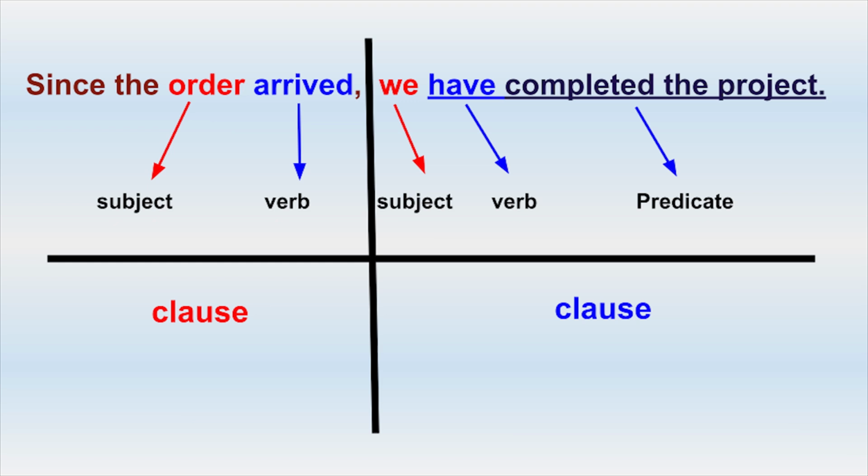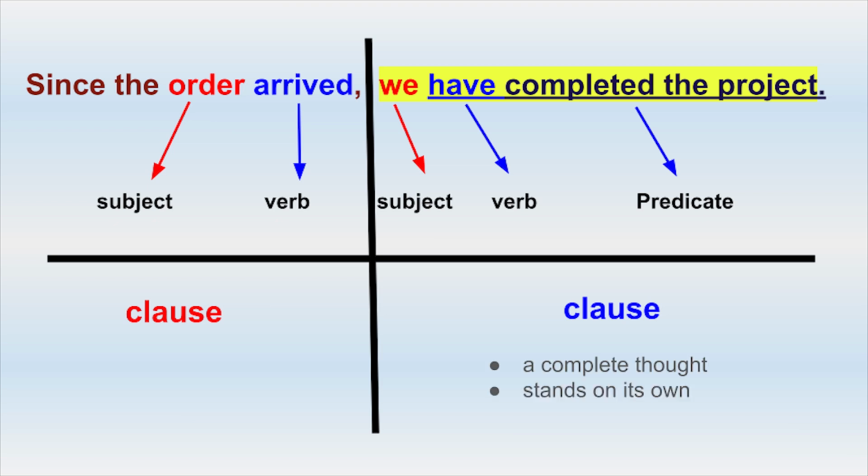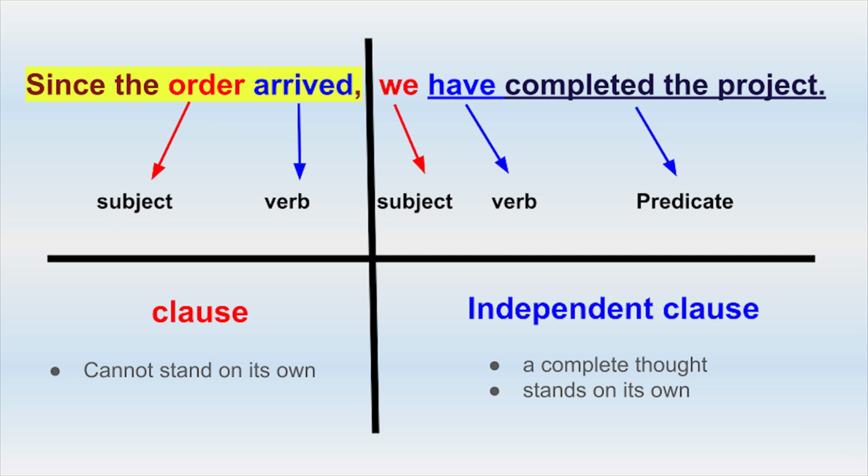There is, however, an obvious difference between these two clauses. We have completed the project expresses a complete thought. It could stand as a sentence by itself. For this reason, it is called an independent clause. On the other hand, the clause, since the order arrived, cannot stand by itself as a sentence.